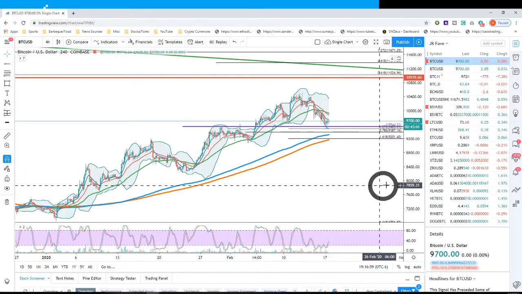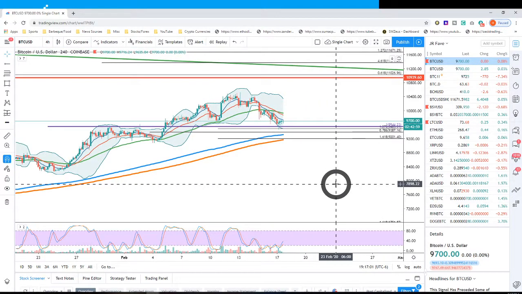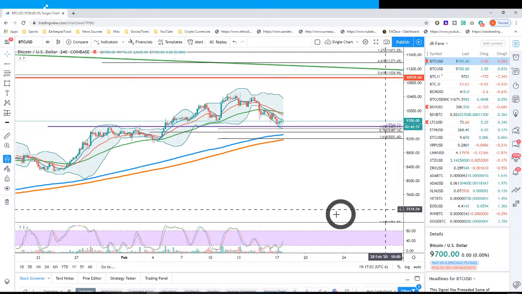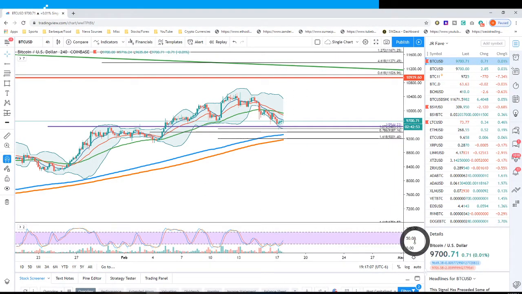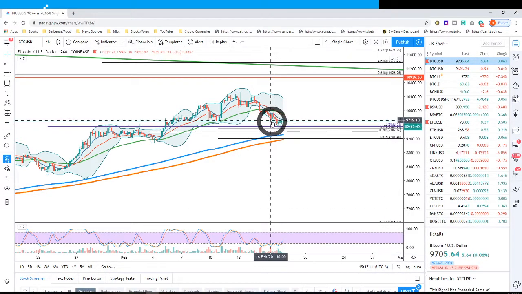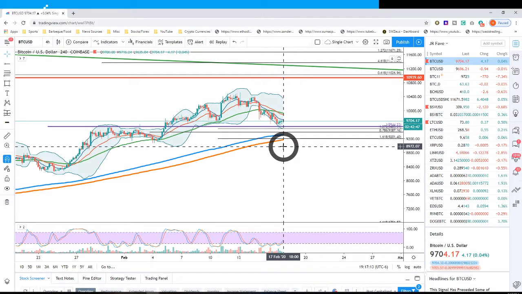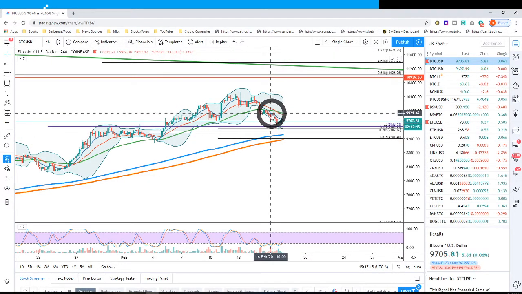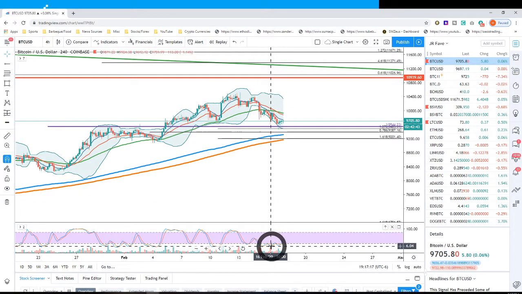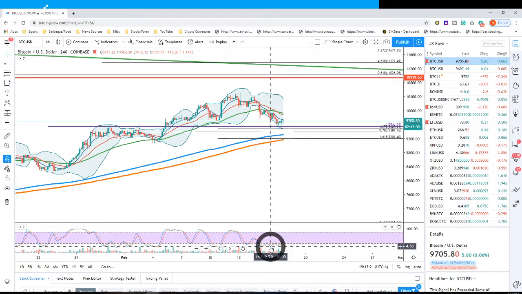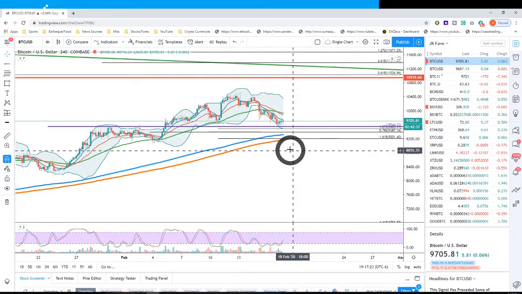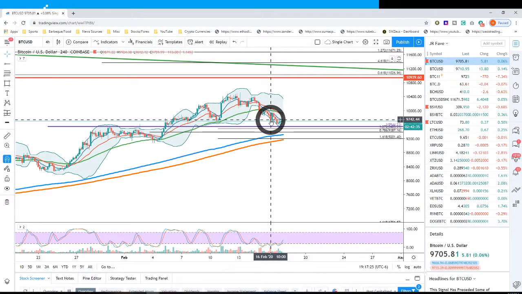So anyway, let's go back and look at what divergences are. When you see a price and you look at the indicator, we had price here.